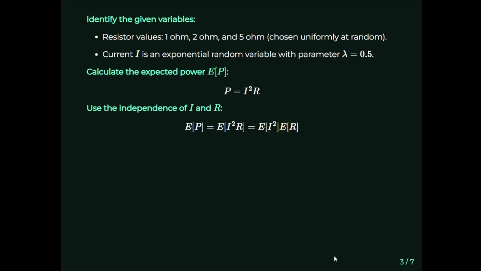We're asked to calculate the expected power, the expected value of P, E of P. Now P is equal to I squared times R. Using the independence of I and R, the expected value of P is equal to the expected value of I squared times R, and this is equal to the expected value of I squared times the expected value of R.